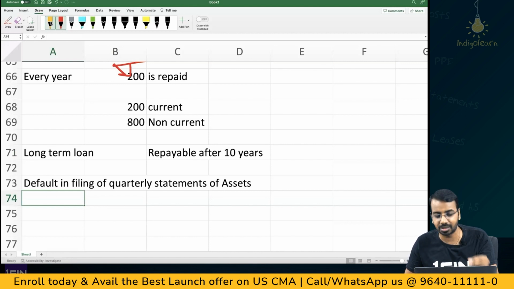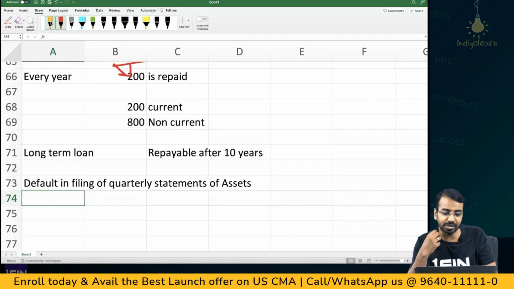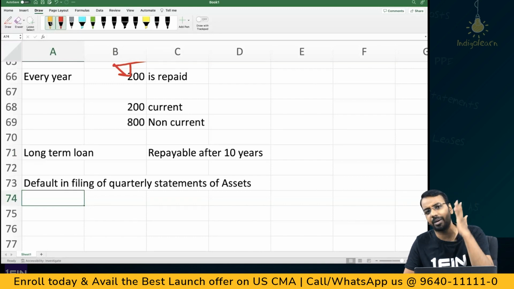If I don't submit the statement, it is a technical default, and the bank can say, please pay all the money because you have defaulted. Or sometimes the bank says maintain a debt to equity ratio of 2:1, and we fail to maintain that ratio. Then the bank says, please pay back my money.